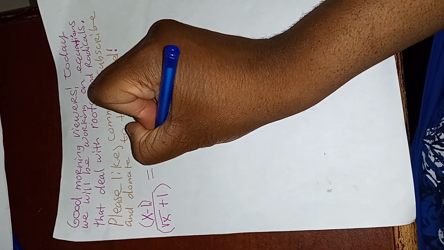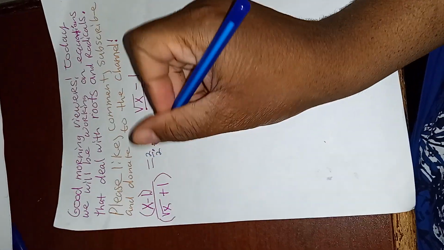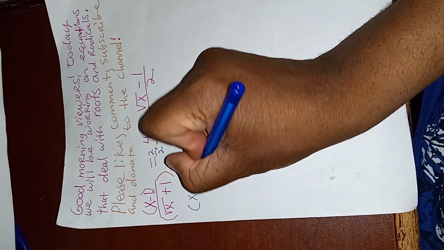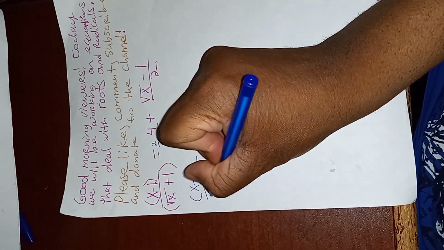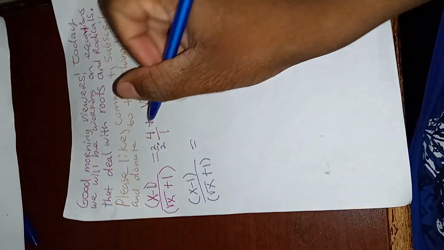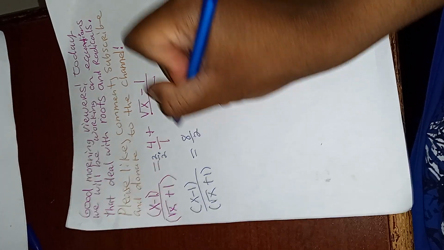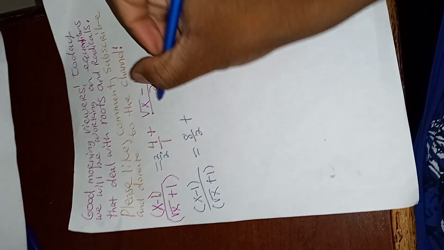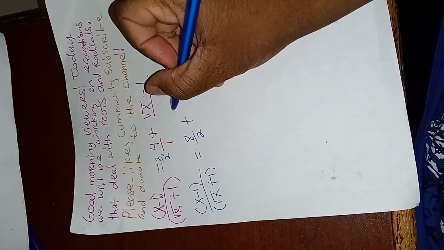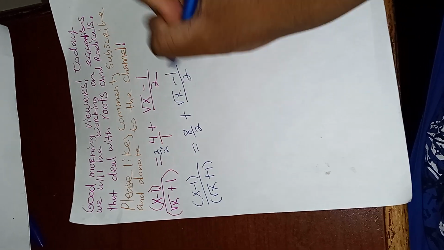So we're going to multiply the 4 over 1 by 2 over 2. So it's going to be (x minus 1) divided by the square root of (x plus 1) is equal to 2 times 4 is 8 over 2 times 1 is 2, plus the square root of (x minus 1) over 2.